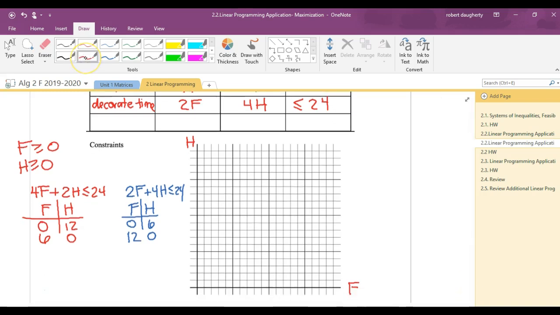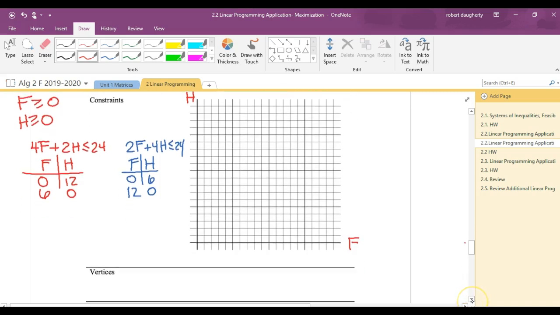Starting out with the red one, I need to go up to 12 on both axes. So I can go 2, 4, 6, 8, 10, 12, and 2, 4, 6, 8, 10, 12. So 0, 12 is right here, and 6, 0 is right here.